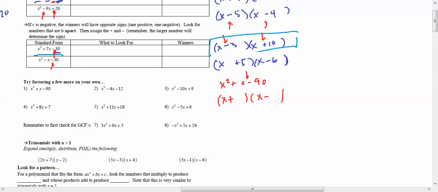I didn't teach this to you, but you're absolutely right. Because when I add them together, I want to get positive 1x. If I add a bigger number plus a smaller number, I'll get a positive number. Or if I have a bigger number and I subtract a smaller number, I'll have a positive number in the end. Whereas if I put the bigger number on the second one, then I'll get a negative number over there. And that's not what I wanted.